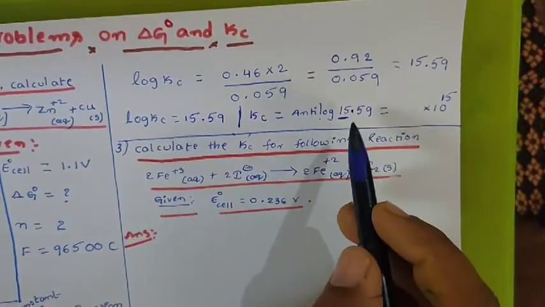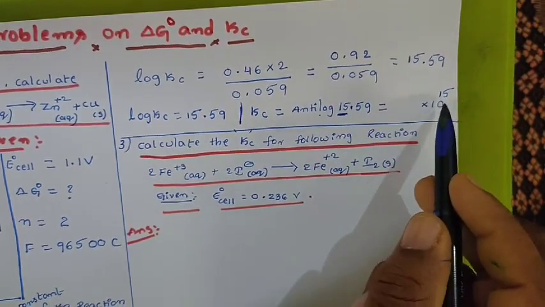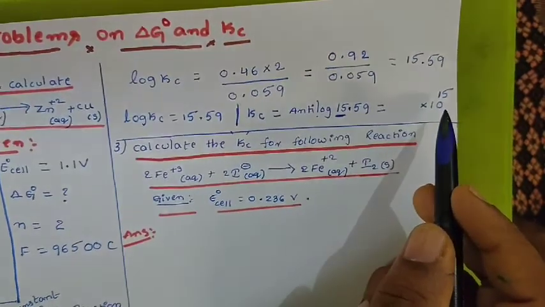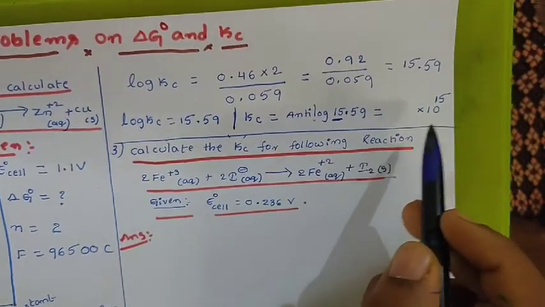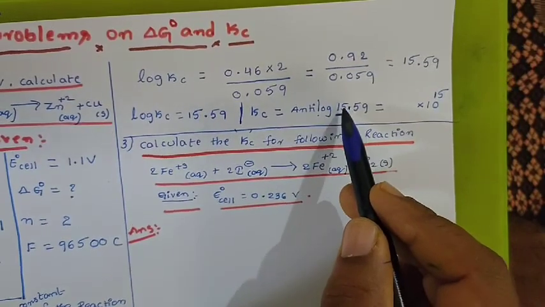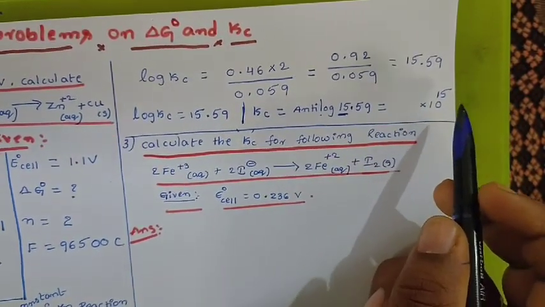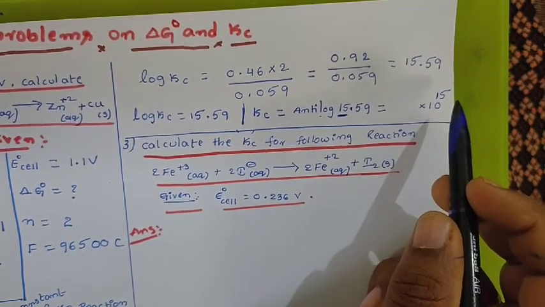The digit before the point, you have to write as the power of 10. So what is the value? We have 15 before the point. That's why we are writing this value as 10 to the power of 15.